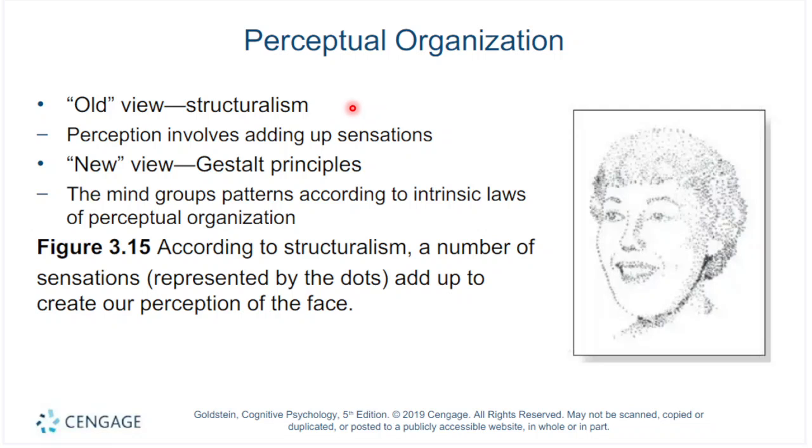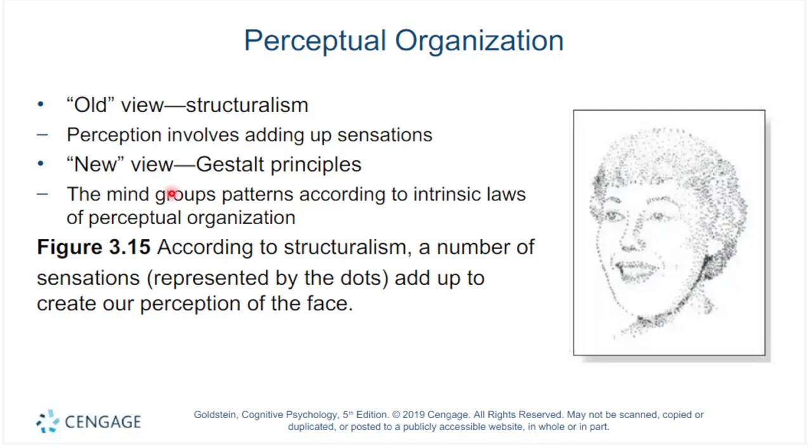The structuralists said that perception involves adding up sensations. So whatever you sense through your eyes, your sense of smell, those things, all of the senses that we have are involved in order to have a perception. However, this is not what the Gestalt people wanted to see. They disagree with the structuralist view.